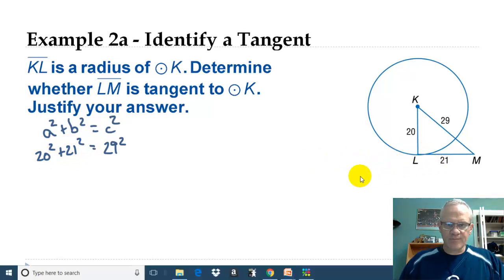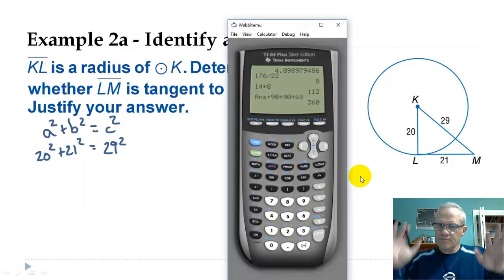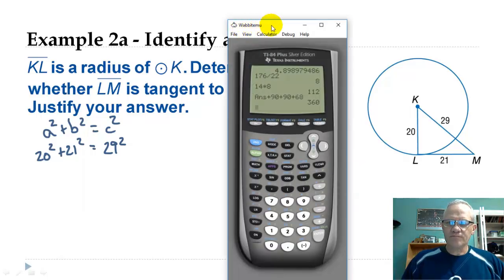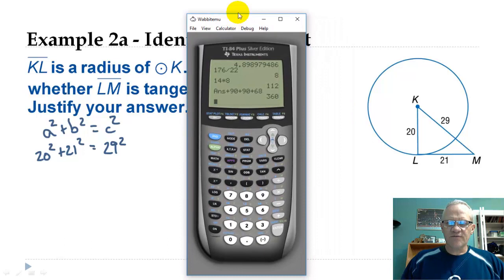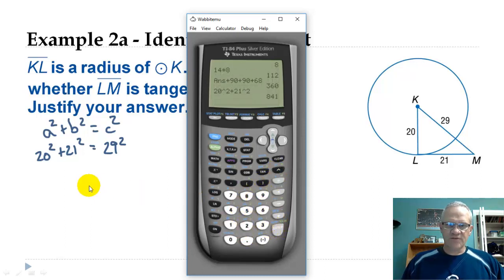So let's see. Okay, let's see if that's going to work. And so we do 20 squared plus 21 squared. Let's see what we get there. That's 841.